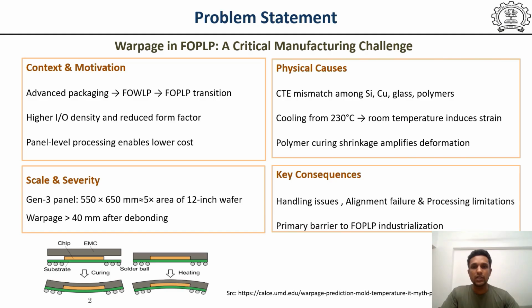And such deformation is what prevents the panel from being handled, aligned, and processed further, making warpage the primary barrier in FO-PLP industrialization. So our presentation covers the fundamentals of warpage, what causes it, how it is measured, and how it can be predicted using analytical, computational, and artificial intelligence based methods, and what design strategies can be used to suppress it.